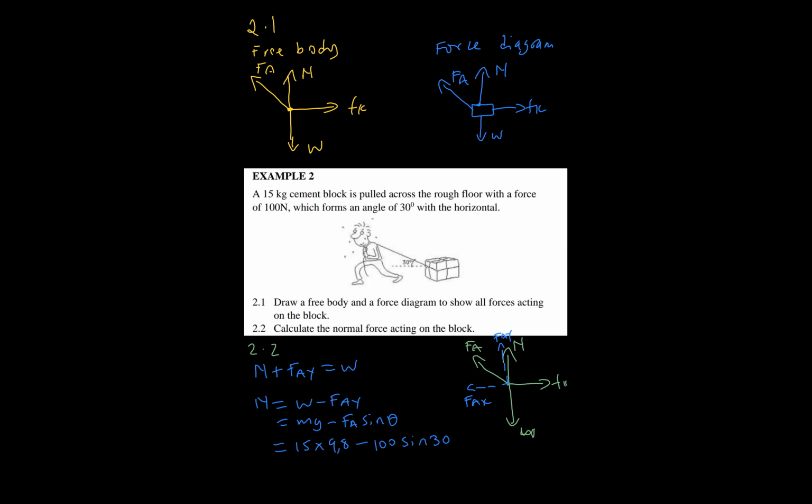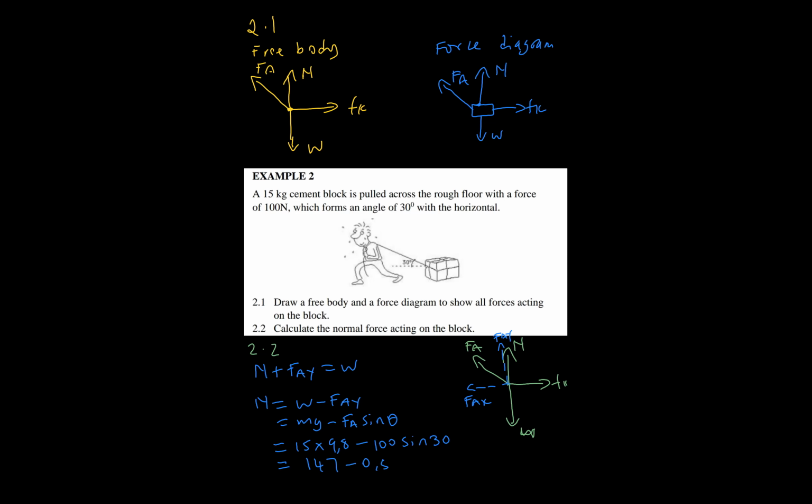So let us calculate this. Remember, sine of theta is 0,5. So we're saying 15 multiplied by 9,8. That is 147 minus 0,5.